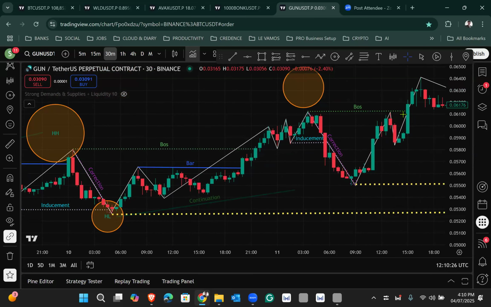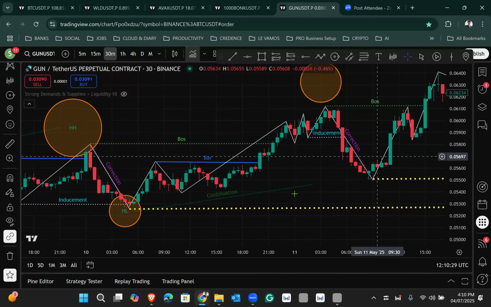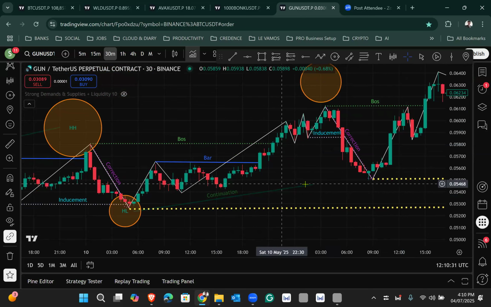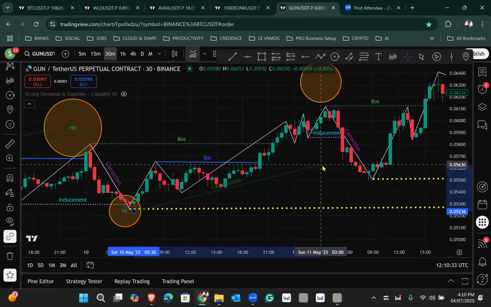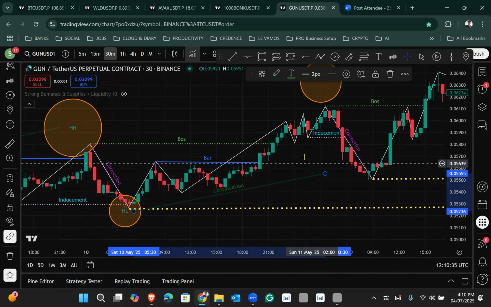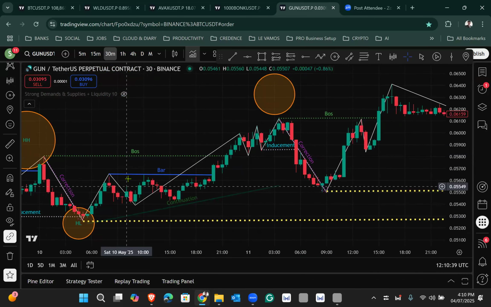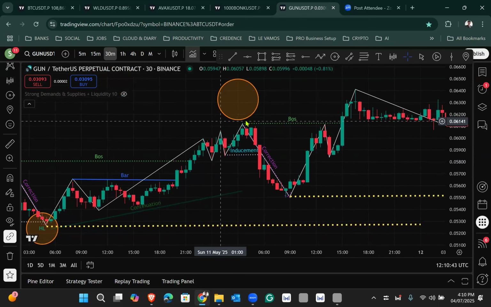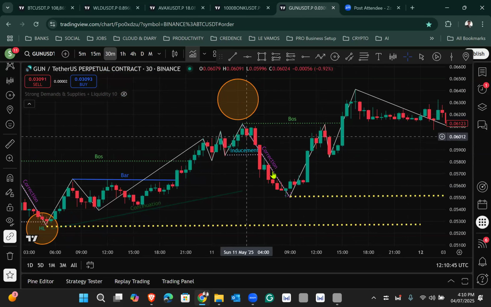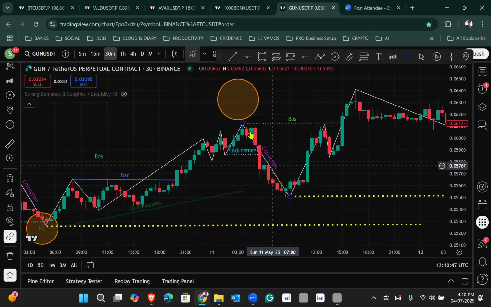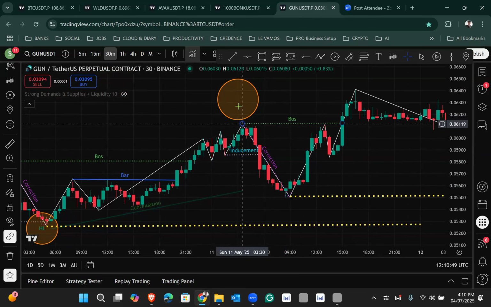So then there's another impulse, the continuation. I marked here continuation like this. Where does it end? This continuation is ending here, because here there is another correction. Where it ended, that's your higher high.